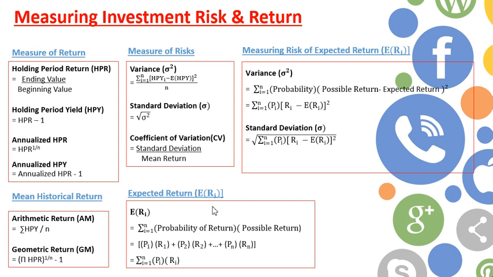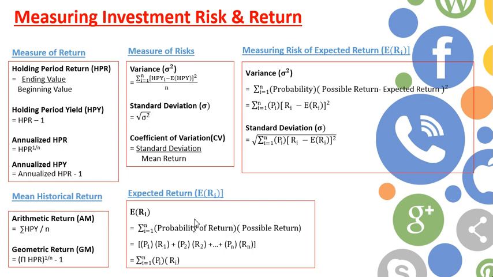Expected return is determined by taking the summation of the probability of return multiplied by the possible return. This calculation involves assigning a probability value to all possible returns. For example, if you have a probability of 0 for a certain return, it means you are quite sure that you are not going to get that return.